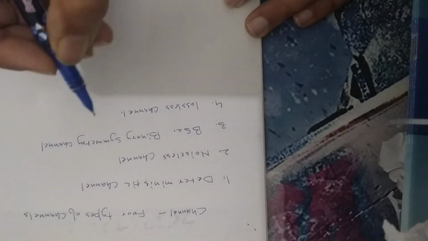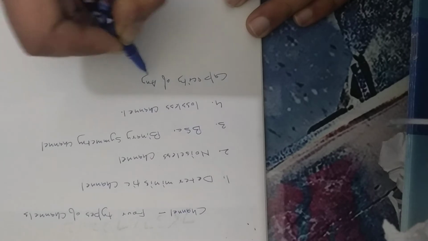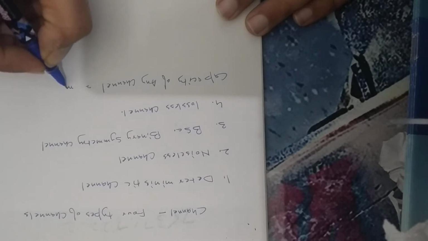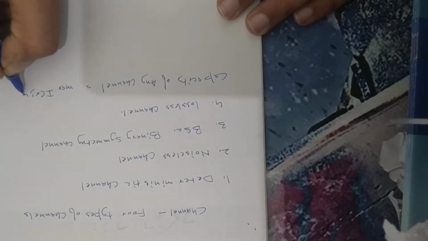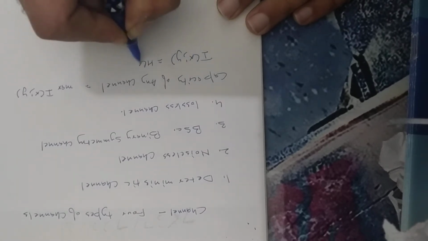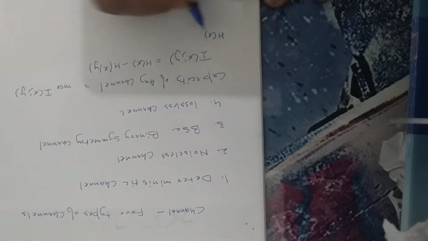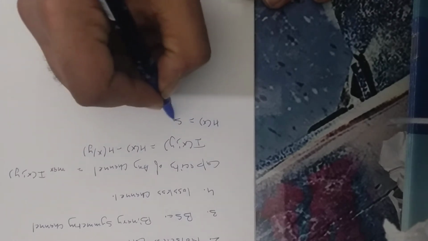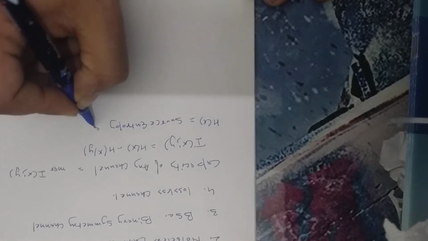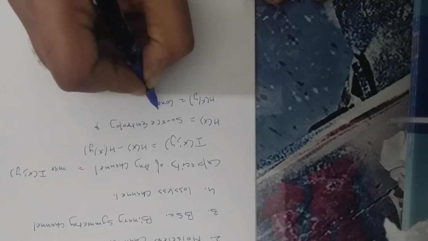As we know earlier, the capacity of any channel is equal to the maximum mutual information, and mutual information is equal to H(X) minus H(X/Y), where H(X) stands for source entropy and H(X/Y) is the conditional entropy.